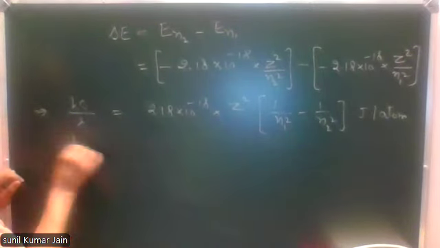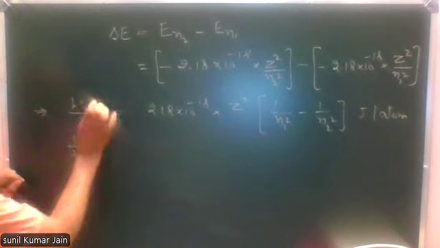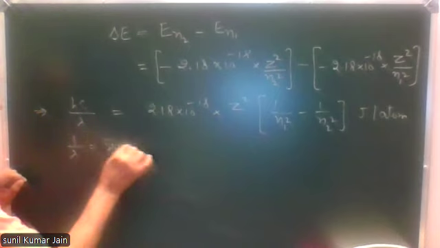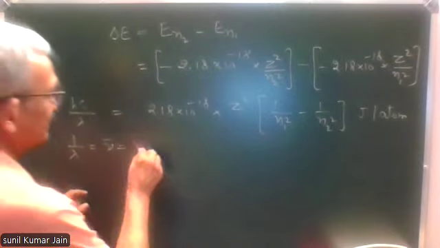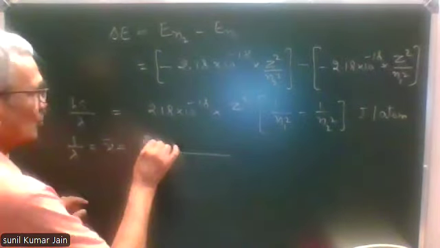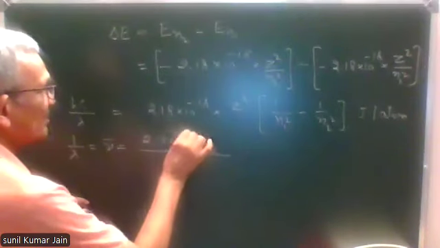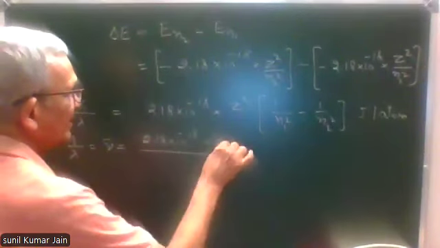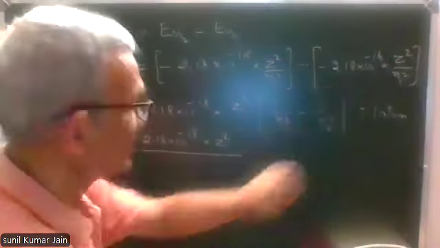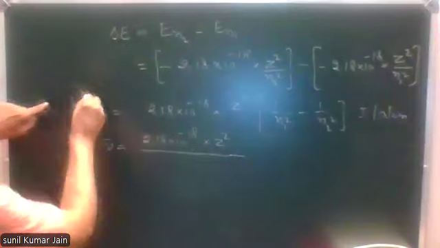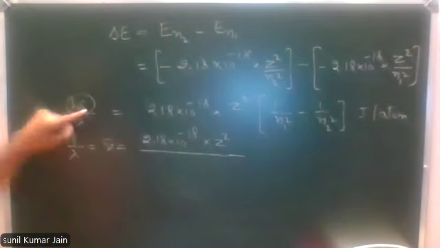Now 1 by lambda, which is nothing but the wave number, will be 2.18 into 10 to the power minus 18 into Z square, this part I'll use later, divided by h and c.